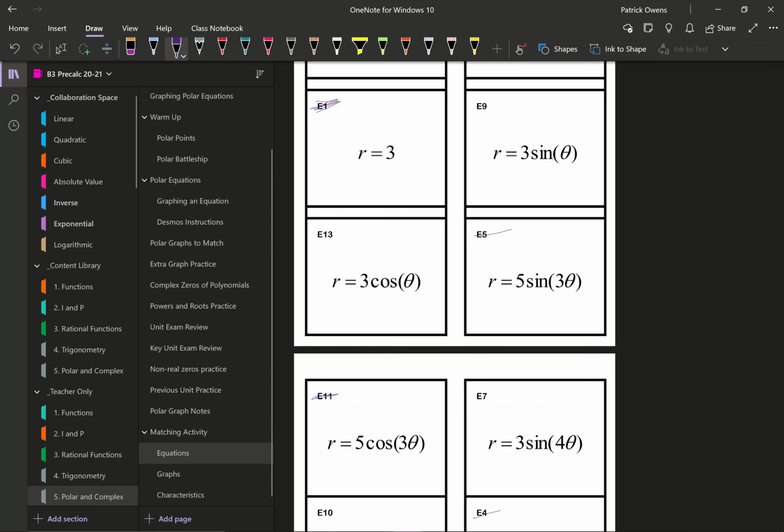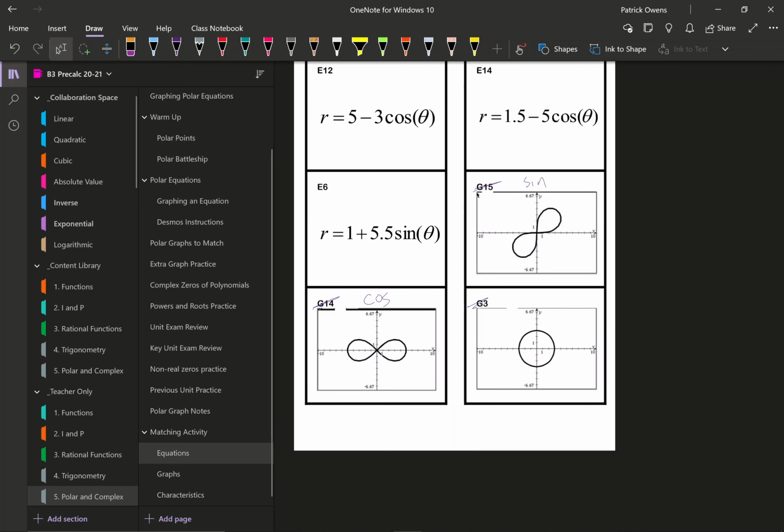Let's look somewhere else then. So if we go down to E6, 1 plus 5.5 sine of theta. We've got a sine of theta, so we're looking at one that's symmetric about the y-axis. So it could be G8, could be, well, rose curves are different.